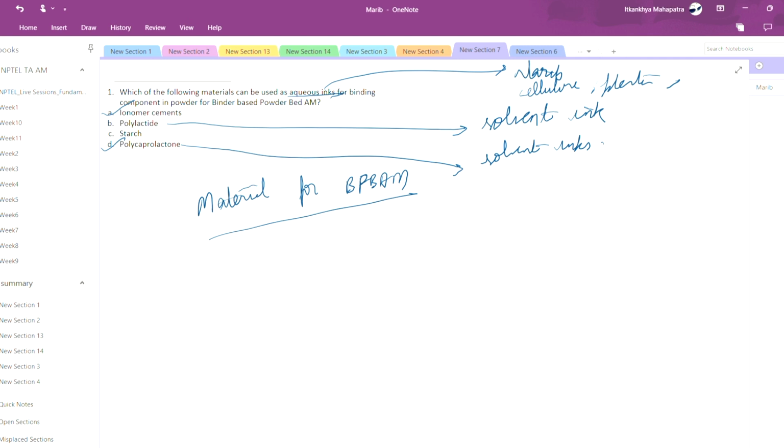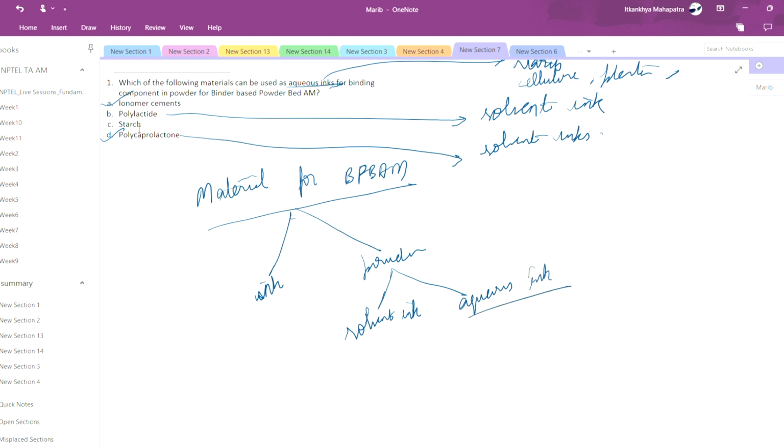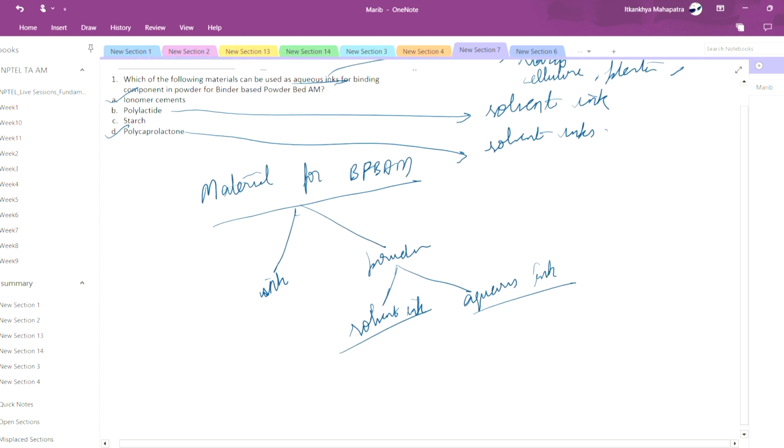So for this we have ink and powder, and this ink is again divided into solvent ink and aqueous ink. This is the division. So here your correct options are ionomer cements and polycaprolactone.